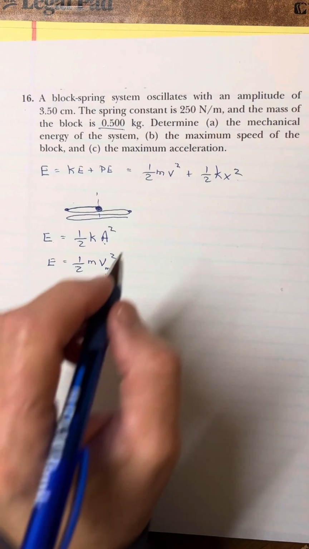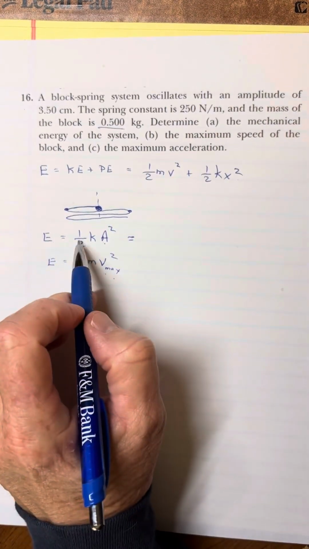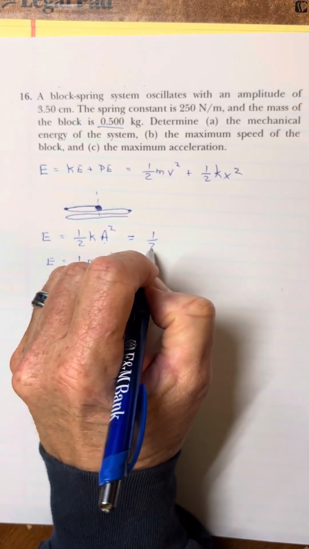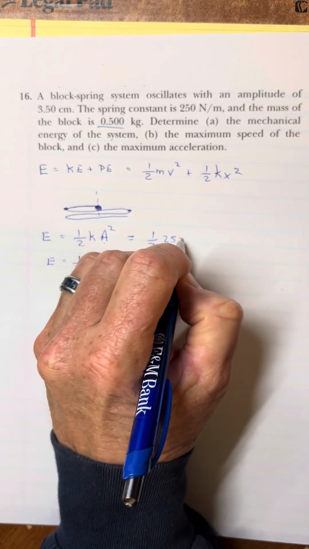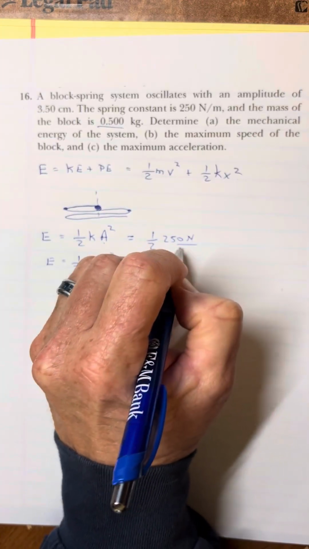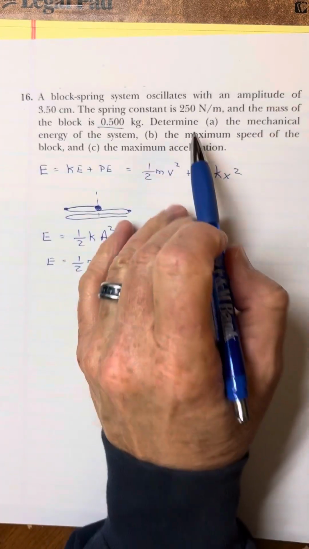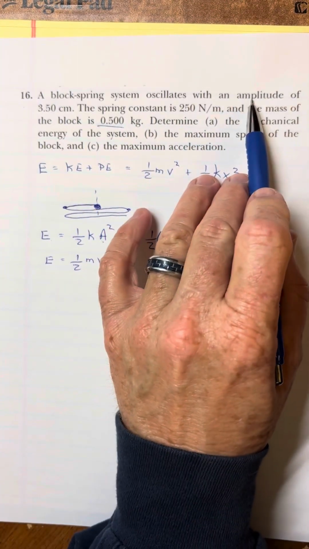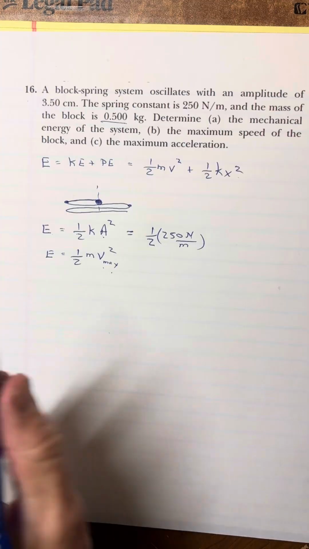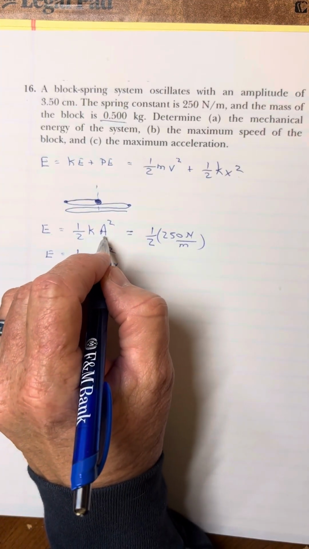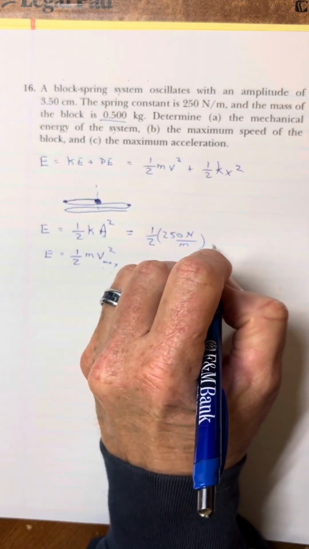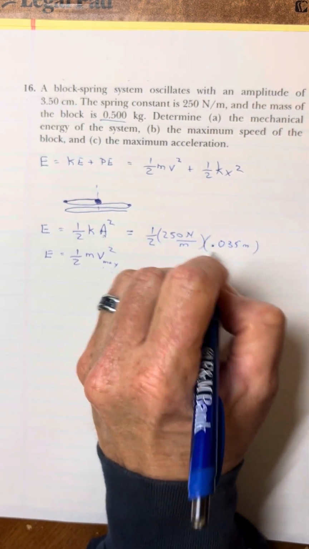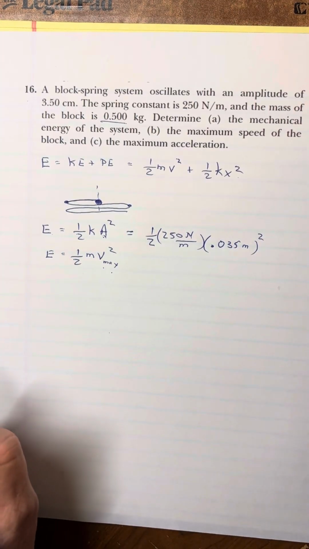But I think this one is probably best done right here because they directly tell us the spring constant as 250 newtons per meter, and they give us the amplitude, now not in meters, but I'm going to do that in meters. I have that number, so 0.035 meters squared.